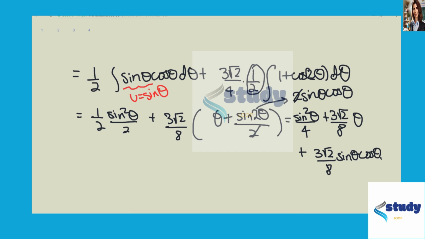So now I could go ahead and rewrite everything in terms of x, but I'll need the triangle to do this. So we had x minus 2 equals root 2 tan theta. So we can go ahead and find the sides of this triangle. Use the Pythagorean theorem to find the hypotenuse.